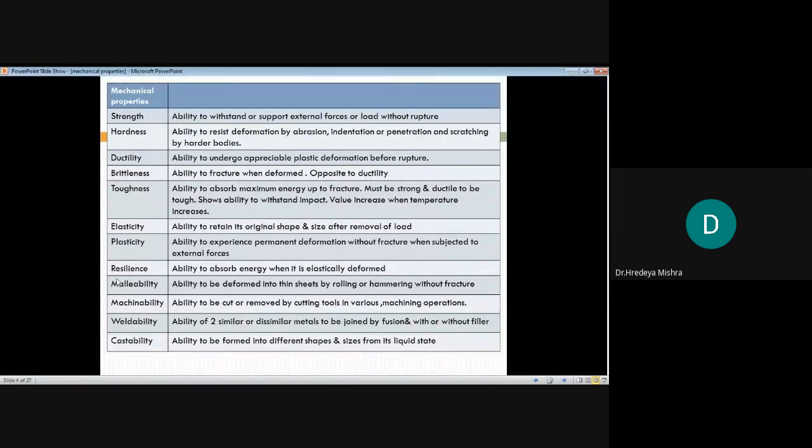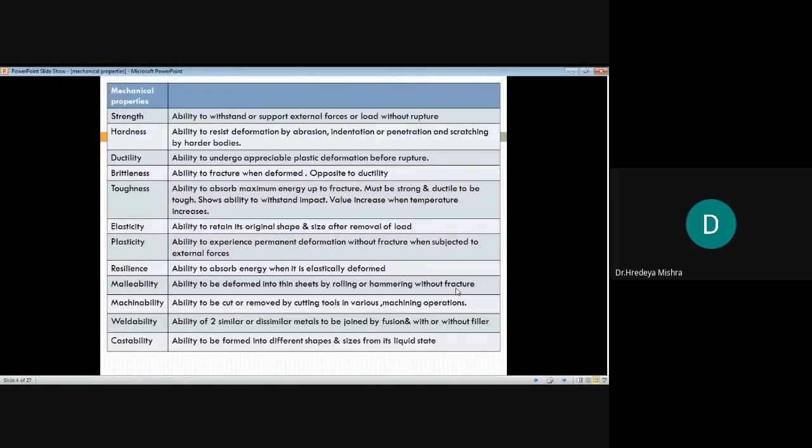Okay, malleability, the ability to deform into thin sheets by rolling or hammering without fracture. Which materials have more? Like steel sheet, aluminum sheet, silver sheet, gold sheet, copper. They are easily converted into thin plate.